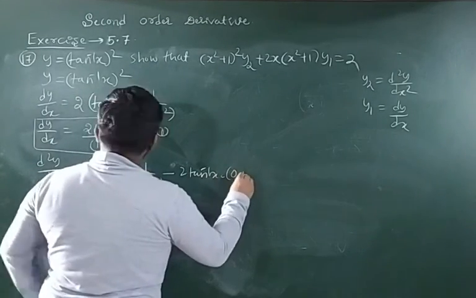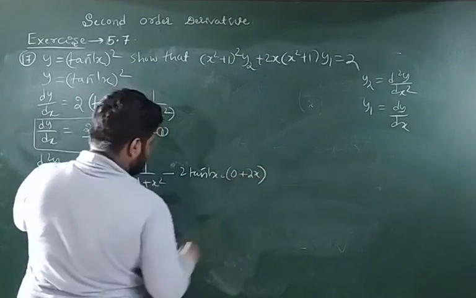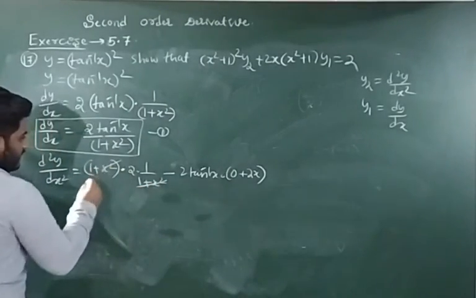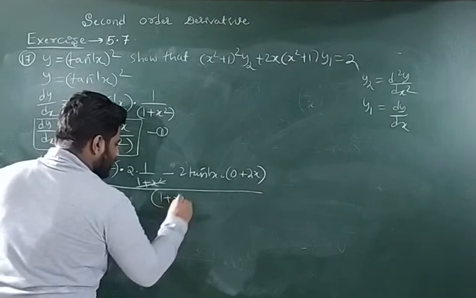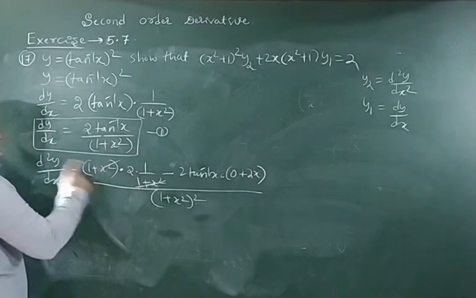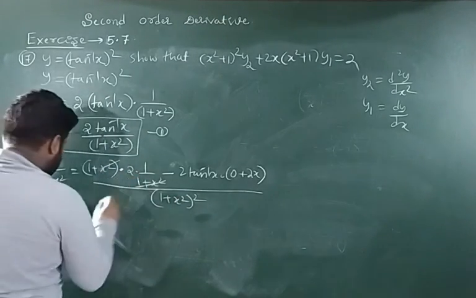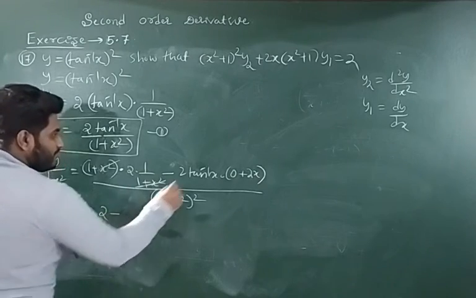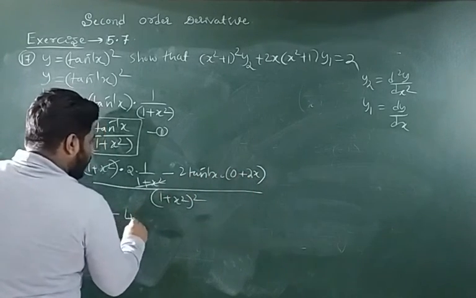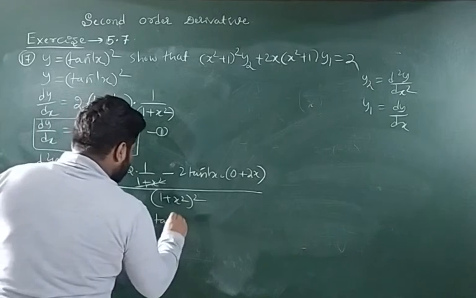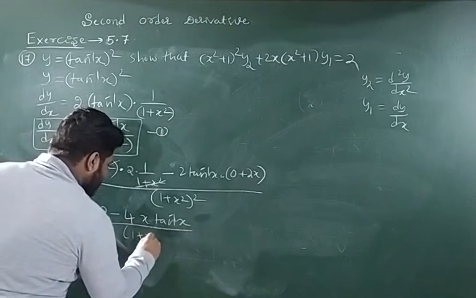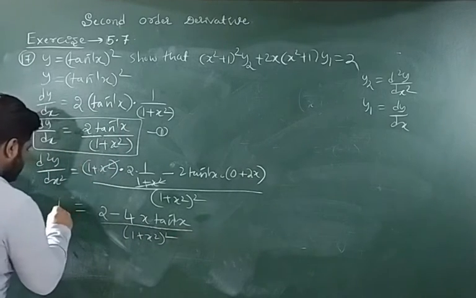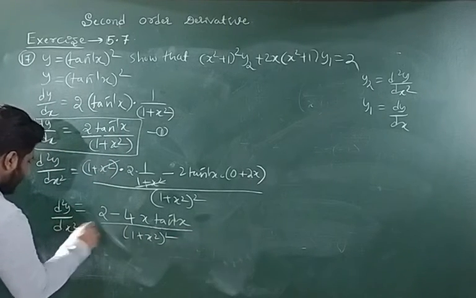Differentiation of 1 is 0, differentiation of x square is 2x. All this is divided by denominator square, (1 plus x square) whole square. The 1 plus x square terms get cancelled. 2 is remaining here, 2 minus 4x tan inverse x, whole divided by (1 plus x square) whole square. So this is d square y by dx square.